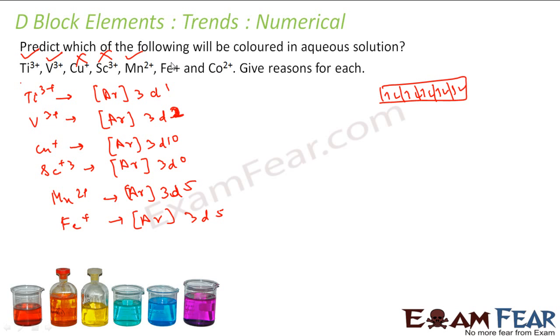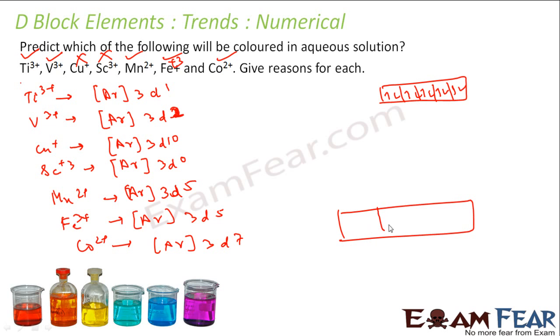So Fe3+ will be 3d5. So this will also be colored because it has 5 unpaired electrons. Cobalt with 2+ charge, the electronic configuration will be Ar 3d7, and this will also be colored because it has 3 unpaired electrons. 1 2 3 4 5 6 7. See, 3 unpaired electrons.